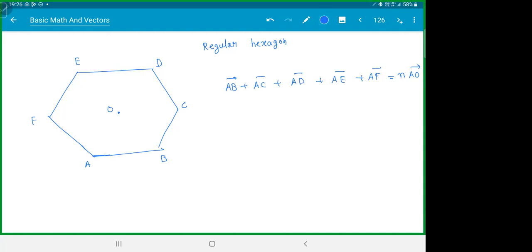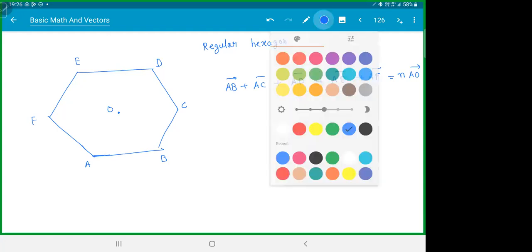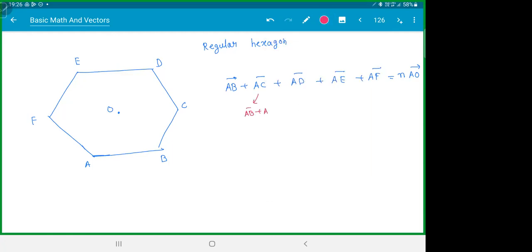We are going from A to C. AC is nothing but AB plus BC. Agreed? You want to go from A to C, you're going from A to B and B to C. Now, that is only AC, right? Similarly, what is A to E? AD plus DE. Everyone agrees?